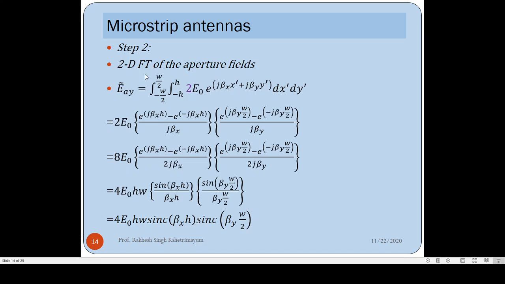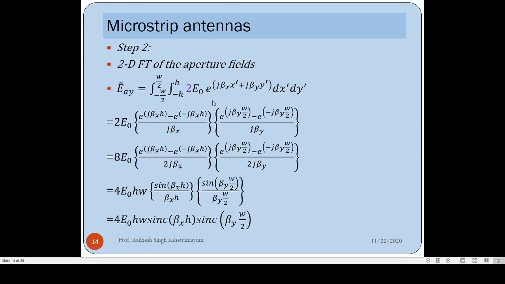This is the definition of the 2D Fourier transform, and this integration usually is from minus infinity to plus infinity, but our electric field was existing only over the aperture, from minus h to plus h, minus w by 2 to plus w by 2. Outside this there is no field.